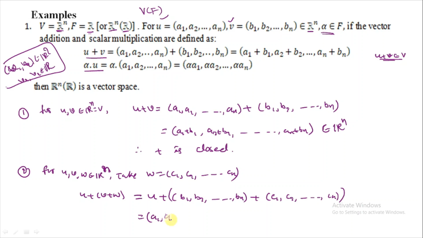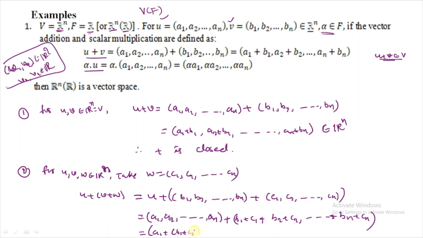This gives (b1 plus c1, b2 plus c2, and so on, bn plus cn), again real numbers, satisfying closure. So we can write u plus that as (a1 plus (b1 plus c1), a2 plus (b2 plus c2), and so on, an plus (bn plus cn)).